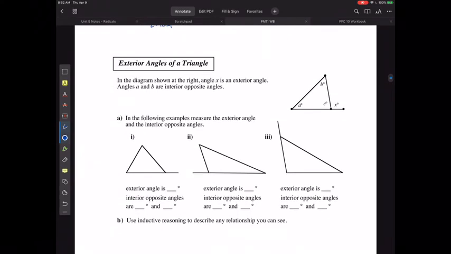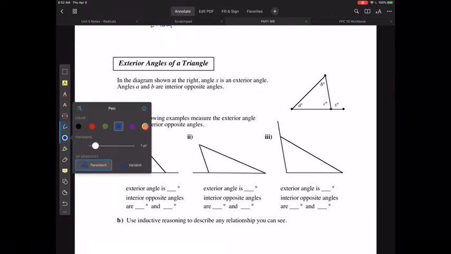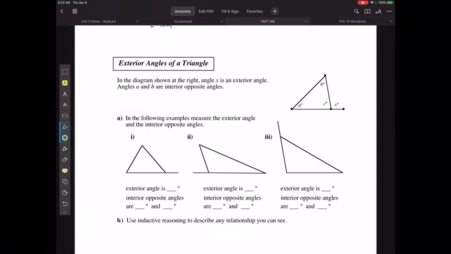If we're talking about the exterior angle of a triangle, then what it's saying is if I had a triangle, I took one of its side lengths and expanded that side length out past where the triangle ends, then I'm going to wind up getting this exterior angle of a triangle, which is angle X out here.